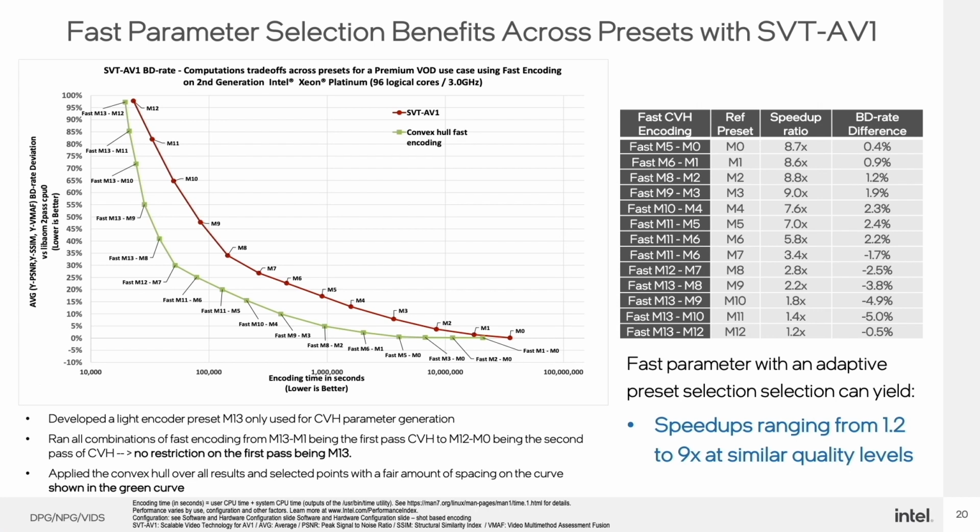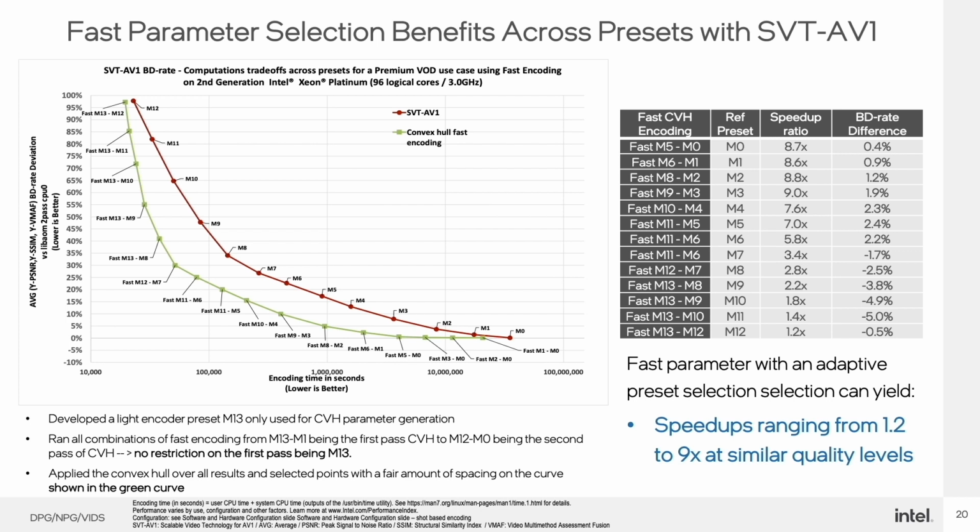Now, going to this section, we wanted to show the benefits of using SVT-AV1 within fast parameter selection for convex hull encoding. This method specifically uses a fast encoder preset as a first pass across the resolution and CRF points. Then we perform a re-encoding of the selected convex hull points using a higher quality preset.